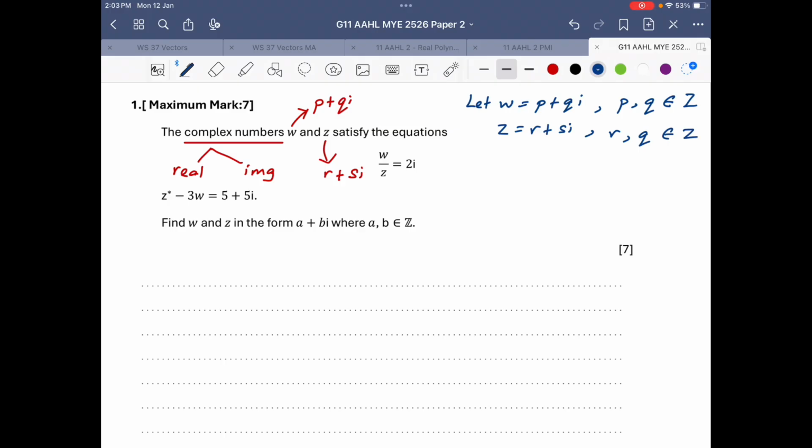Let's look at the first equation. Based on the first equation, when you bring it to the other side, we have W equals 2Zi. i is the imaginary number. Since we have W, it can be replaced by P plus Qi, and Z replaced by R plus Si.